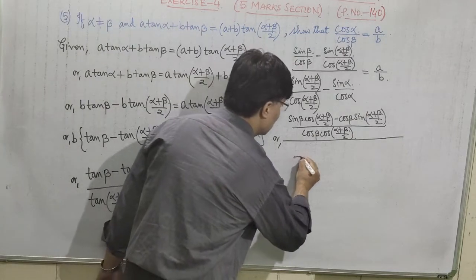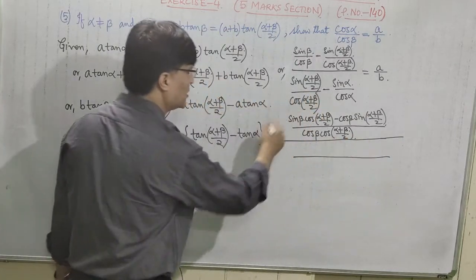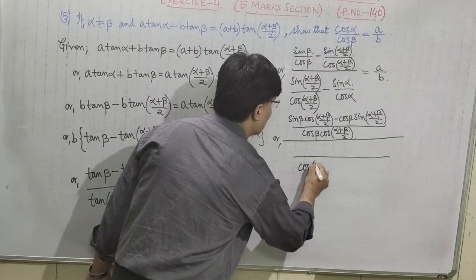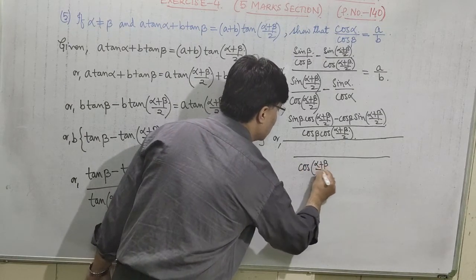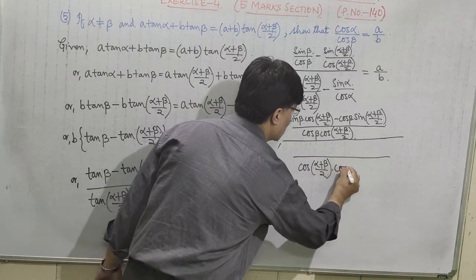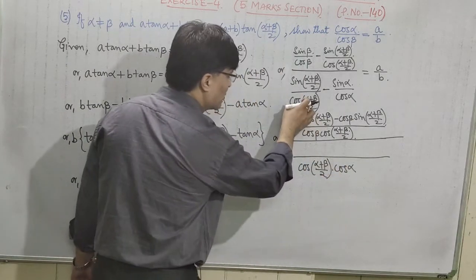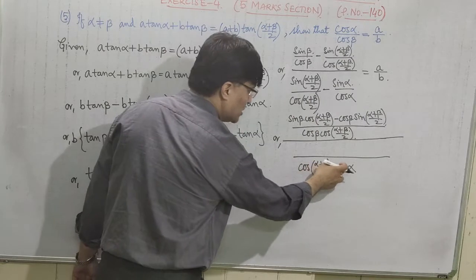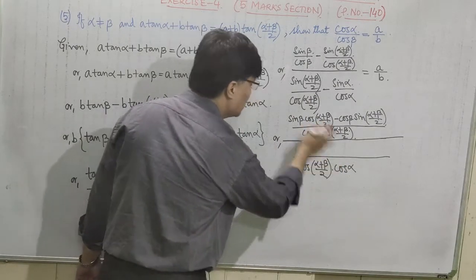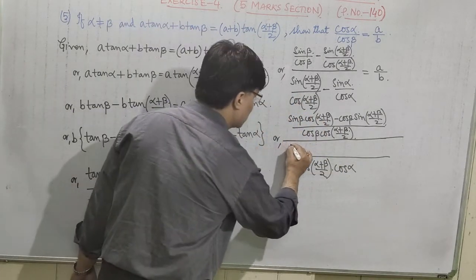Now in the denominator, what's the LCM? It is cos of (alpha plus beta)/2 into cos alpha, isn't it? Now this LCM is divided by cos of (alpha plus beta)/2, so it is cos alpha only, multiplied by sin of (alpha plus beta)/2.